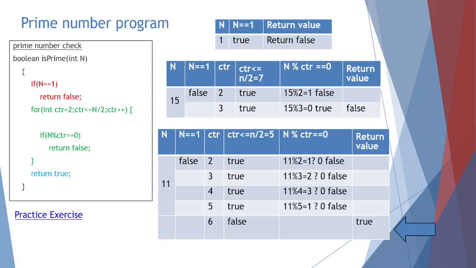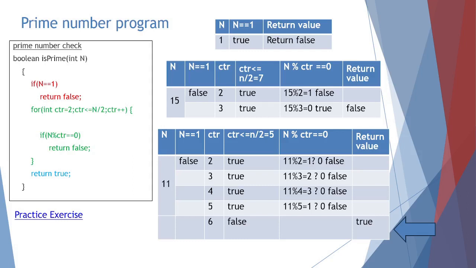So it is not 0, false. Then CTR plus plus. 3. Is 3 less than equal to 7? True. Now, n modulo CTR, n is 15 only, but CTR changed to 3. 15 modulo 3. 3 5s are 15 and the remainder is 0. True. That means we need to return false.